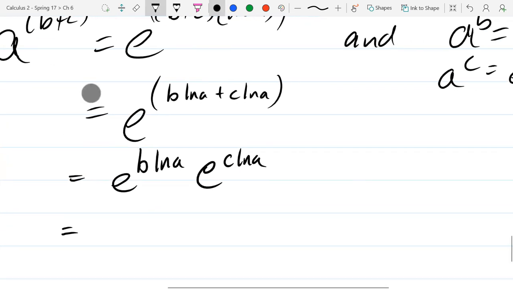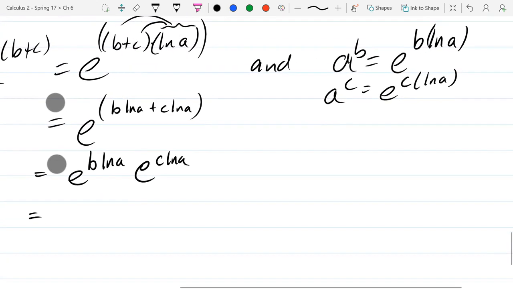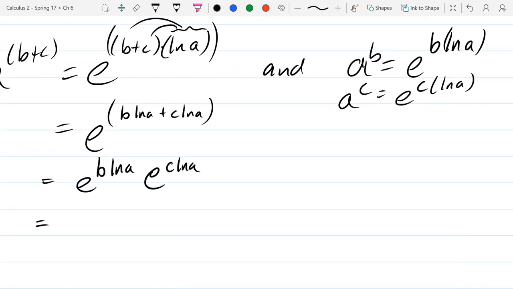And now I can use these two definitions over here. e to the b ln a is a to the b, and e to the c ln a is a to the c. So this first one is a to the b times a to the c, right there.